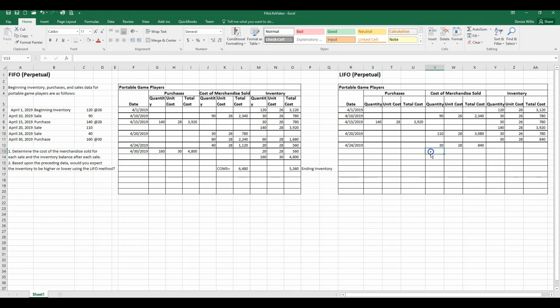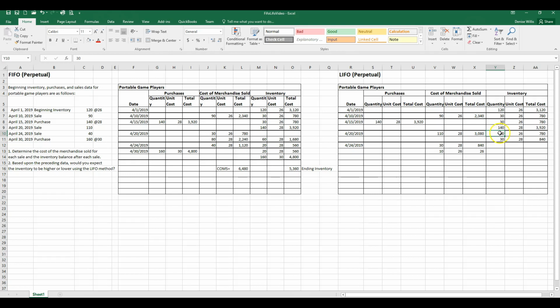So 30 are at 28. The next 10 are going to cost $26 a piece. Okay, so altogether our 40 items cost us $1,100. I would think that's what those two add up to be. Now we have to update our inventory. These right here are gone. We sold every one of them.